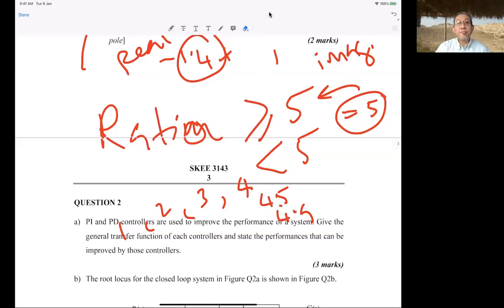Sekejap. Tak nampak lah kat the notes. Okay, so saya share di Chapter 3.